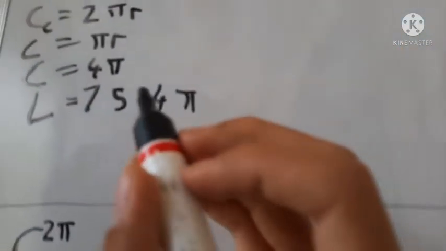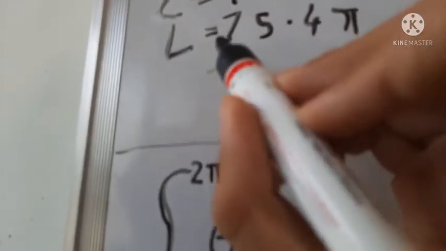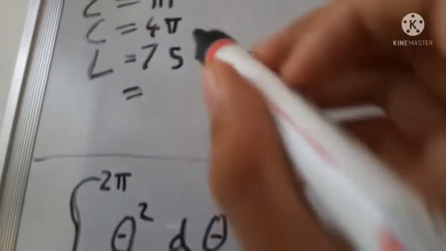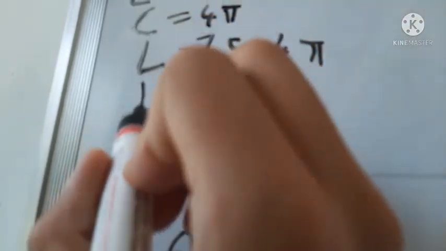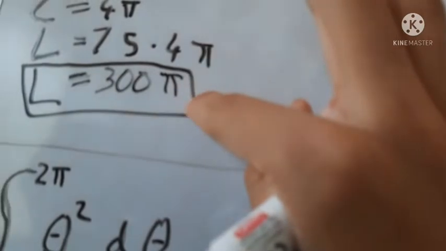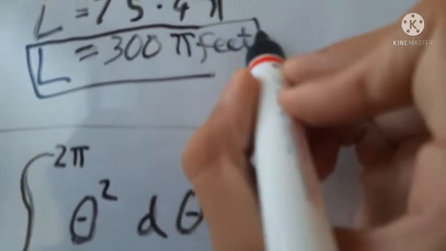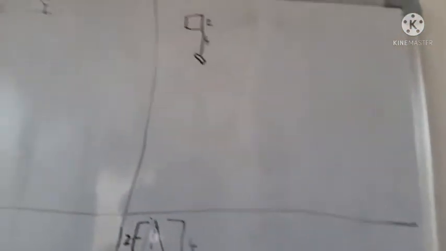And 75 times 4, you can say there's 25 times 4, that's 100, and 3, so we have 300 pi as our answer for the first one. Cool enough. And I'll mention the units, feet. Great.